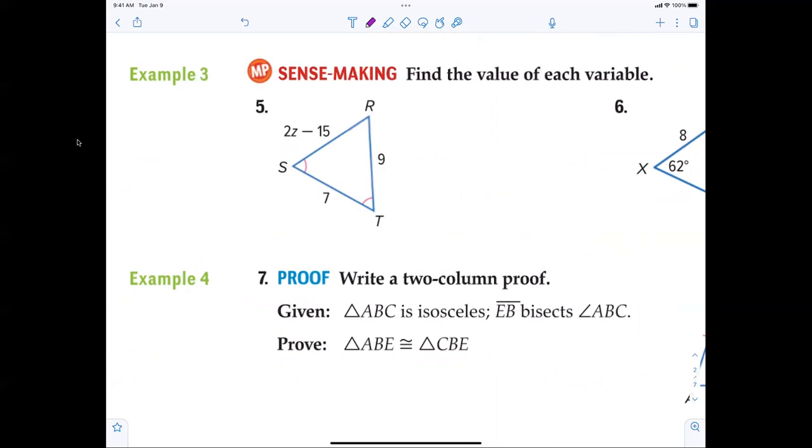Go ahead, Tanner. 2Z minus 15 is equal to 9. Yes, of course, opposite sides are equal. So obviously then Z is equal to what? 12. Z is equal to 12. Anybody have any issues with that so far?